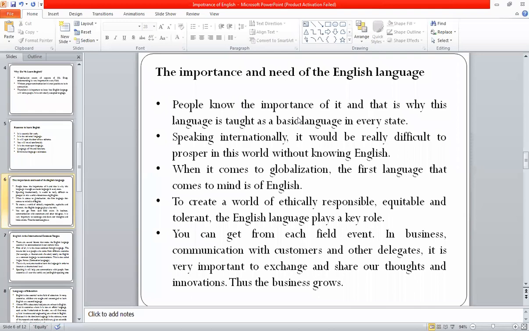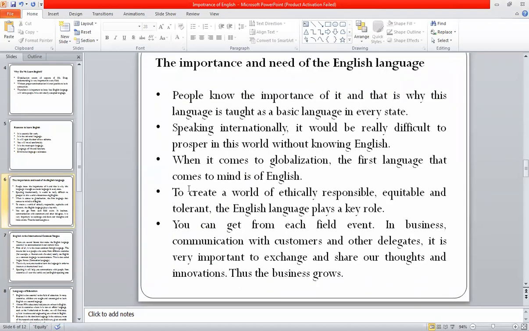And for marketing, for reaching the customers, it is very important to share our ideas, thoughts, and important innovations with them, so that they will see our product and think about whether to purchase it or not. So for improvement of our business, it is very important to learn this language. This is the importance of the English language.